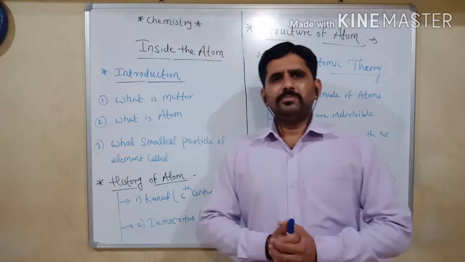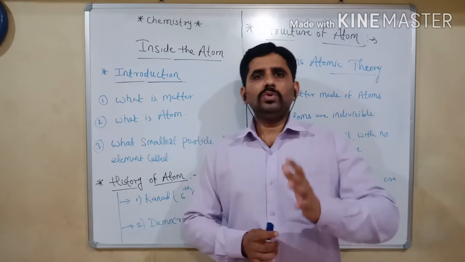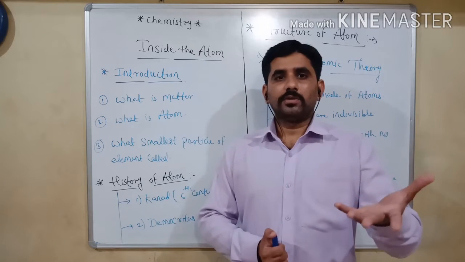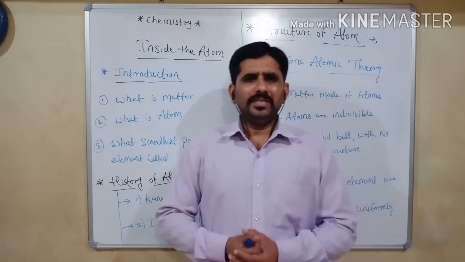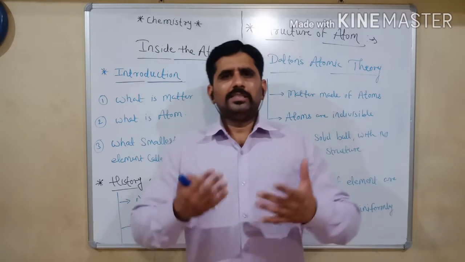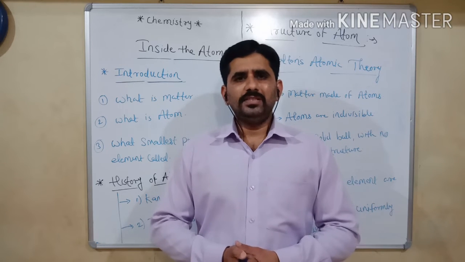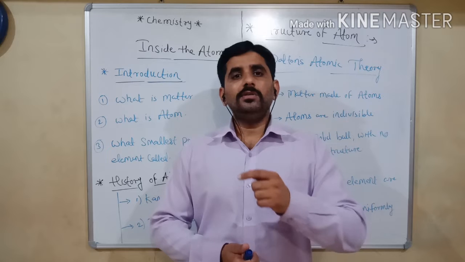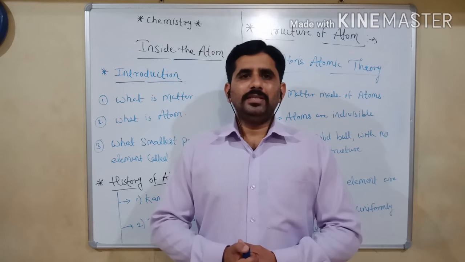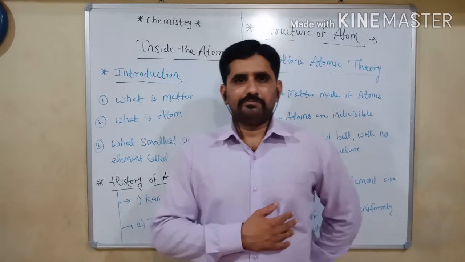Actually the idea of the atom is very old, about 2500 years old, but in the course of time it was forgotten. In modern times certain scientists again tried to give their observations and explanations, and on the basis of their experiments they tried to explain the concept of the atom.